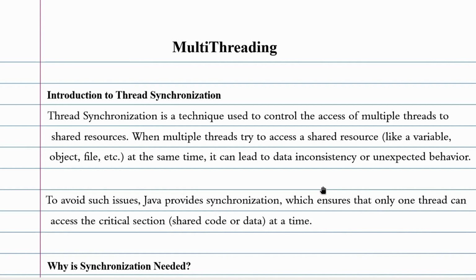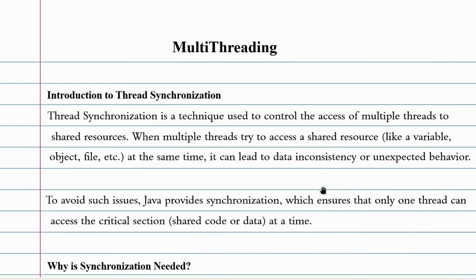If we start the threads, we will not be able to understand the output. We will not get the actual data in that. So this is the table of 5, this is the table of 10 and this is the table of 15. We will not understand properly which is the table of 15, 5 or 10.